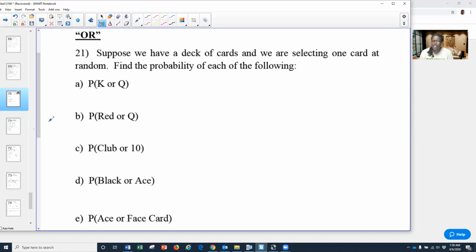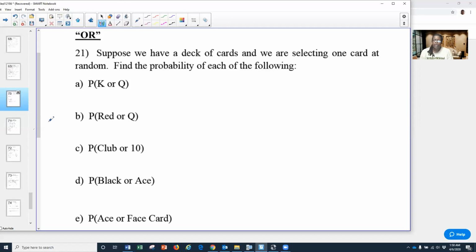We looked at independent and dependent events, where we were replacing and not replacing our items, and how that affects our first event with our second event, and then being able to use our different skill sets with our cards. So we were introduced fully to our deck of cards. And then still being given examples for rolling a die or flipping a coin and looking at those types of events. So now we're going to pick up OR.